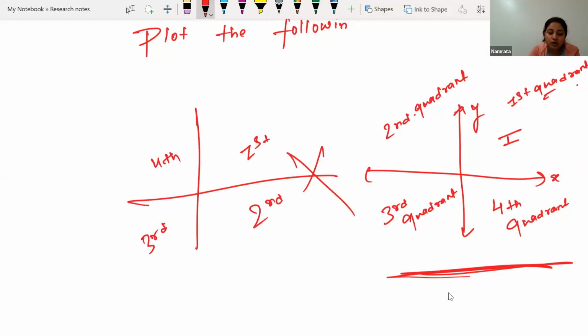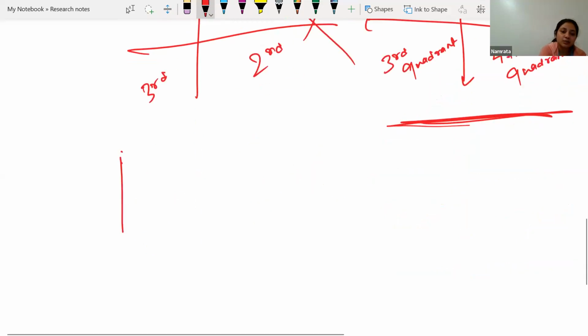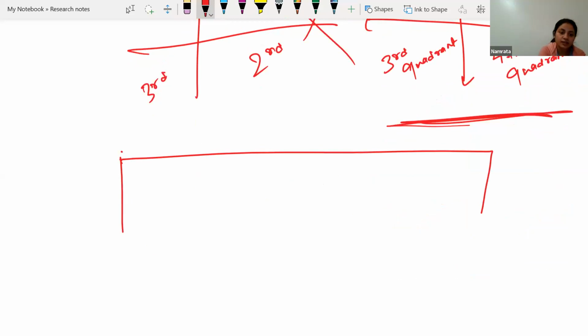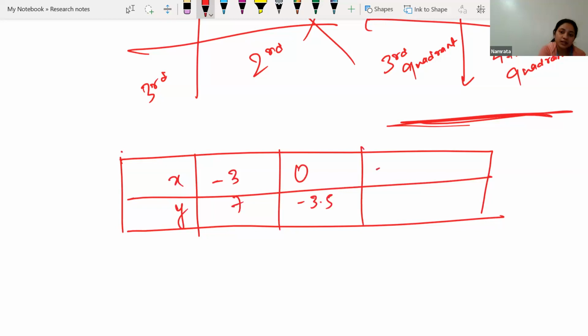Okay, now if the table is given in this format, let's say the table is given like this: x, y, negative 3, 7, 0, minus 3.5, negative 1, negative 3, 4, 4, and 2, minus 3.